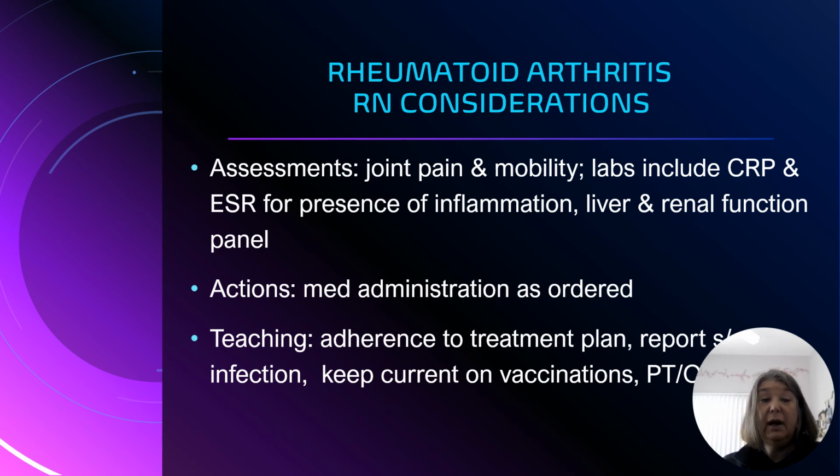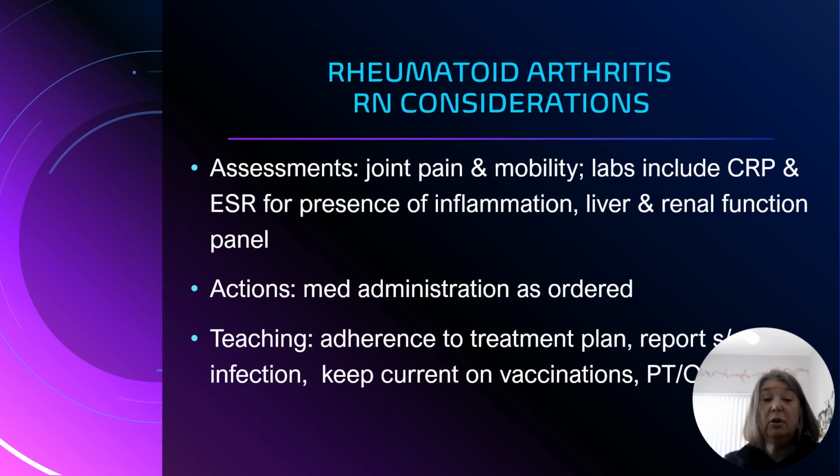We would want to treat that. Lab testing, for the most part, we're just going to be looking at CRP and ESR. Remember, CRP is C-reactive protein, and ESR is erythrocyte sedimentation rate. Both of those just indicate an inflammatory process. They don't tell us what inflammatory process, they're non-specific, but they do tell us that an inflammatory process is in play in the body.